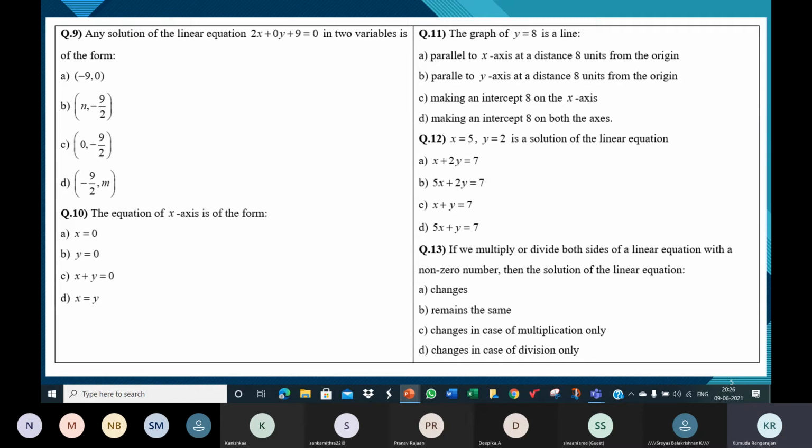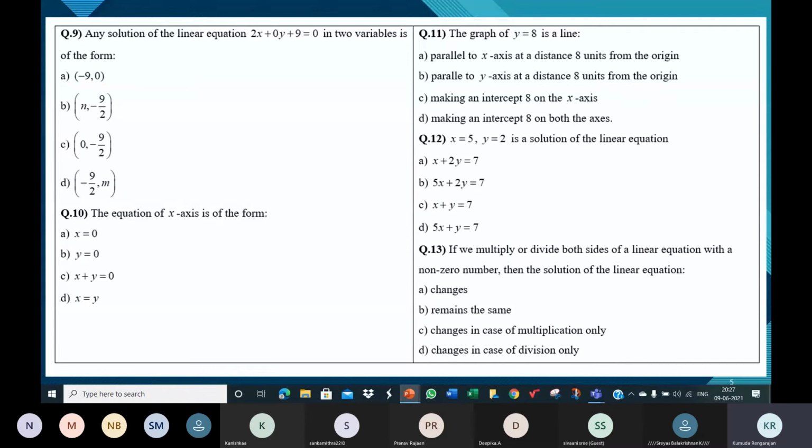Any solution of the linear equation 2x plus 0y plus 9 is equal to 0 in two variables is of the form. When you simplify this equation, we get x is equal to minus 9 by 2, because 0y is 0.